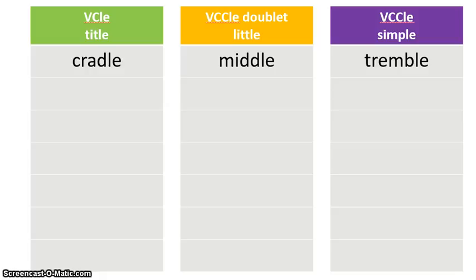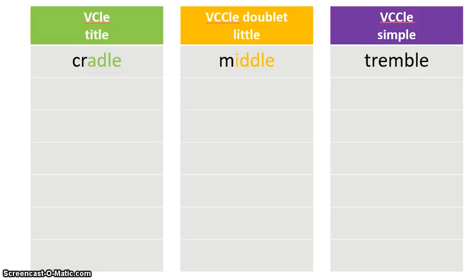So this kind of gives you an idea of what kind of words we're going to be putting in each column. So now what I want you to do is take your green colored pencil and highlight in green the pattern in each column. So in the first one, it's going to be the vowel consonant LE pattern, which is the A, D, L, E in the word cradle.